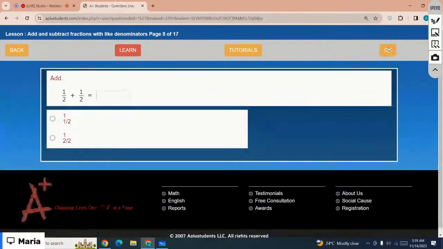Okay, the next one is 1 by 2 plus 1 by 2. Which is the correct option?